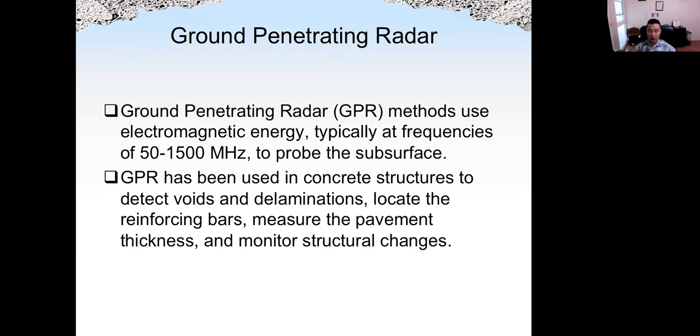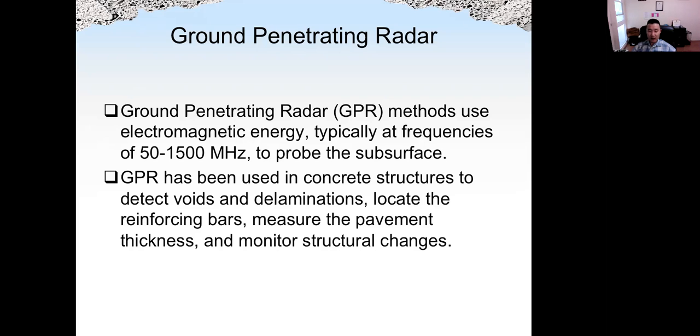GPR can be used in concrete to detect voids and delamination, but it is sensitive to voids and delamination filled with water. If the voids are filled with air, GPR is not very sensitive to that. We're going to talk about the reason why.